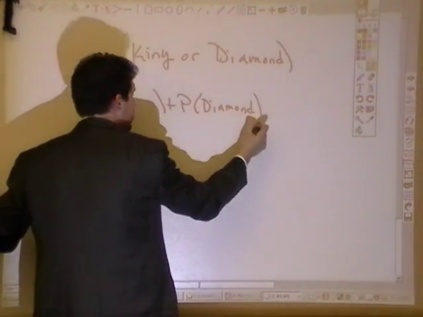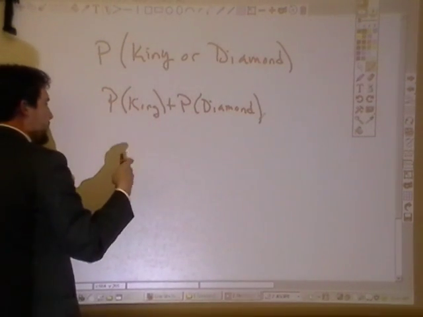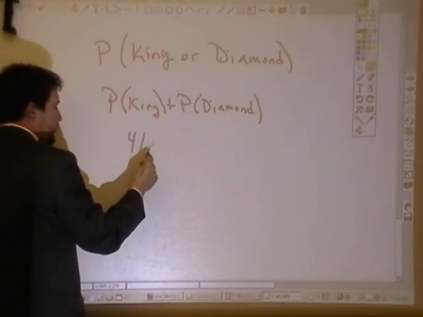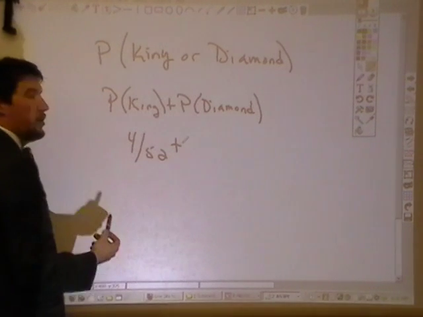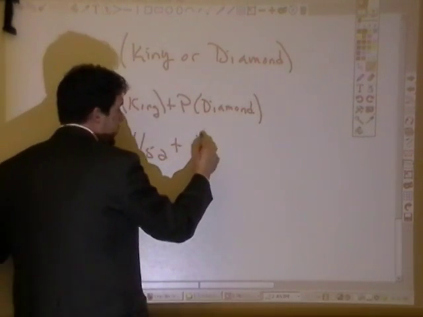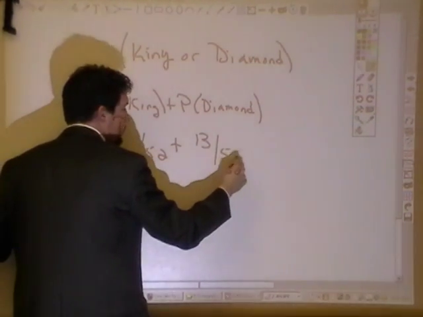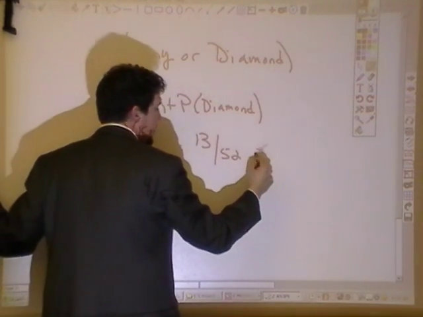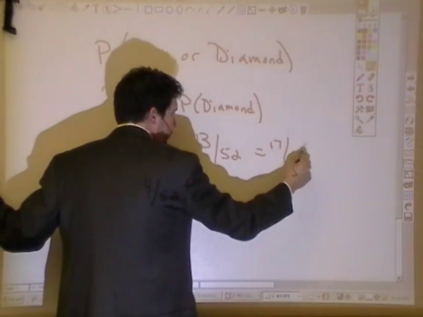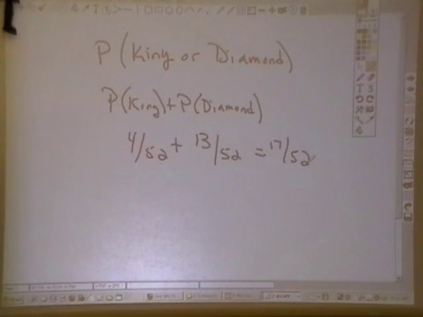There are 4 kings out of 52 cards, and there are 13 diamonds out of 52 cards. I add them together and I get 17 out of 52. That seems like it makes sense.